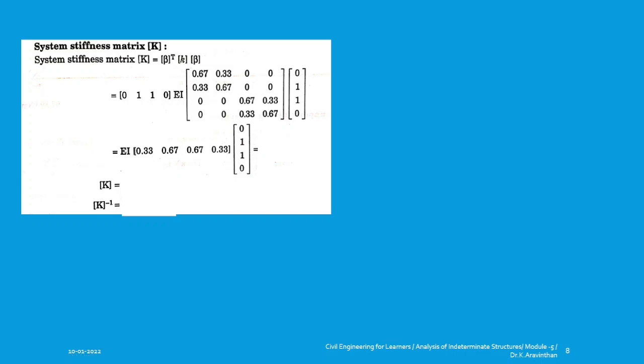It will be 1.34 EI. So you have EI common here. And how to find K inverse? You have to divide 1 by 1.34 EI. This is K inverse, the system stiffness matrix.